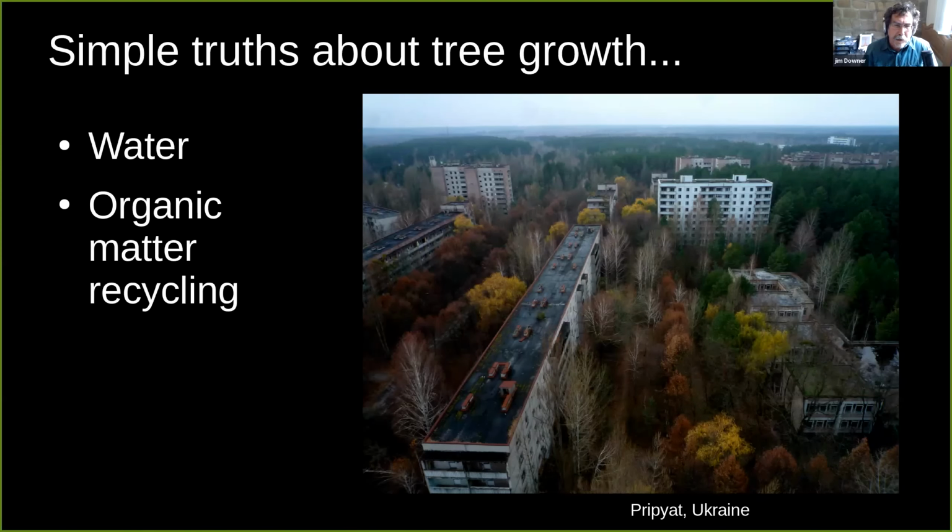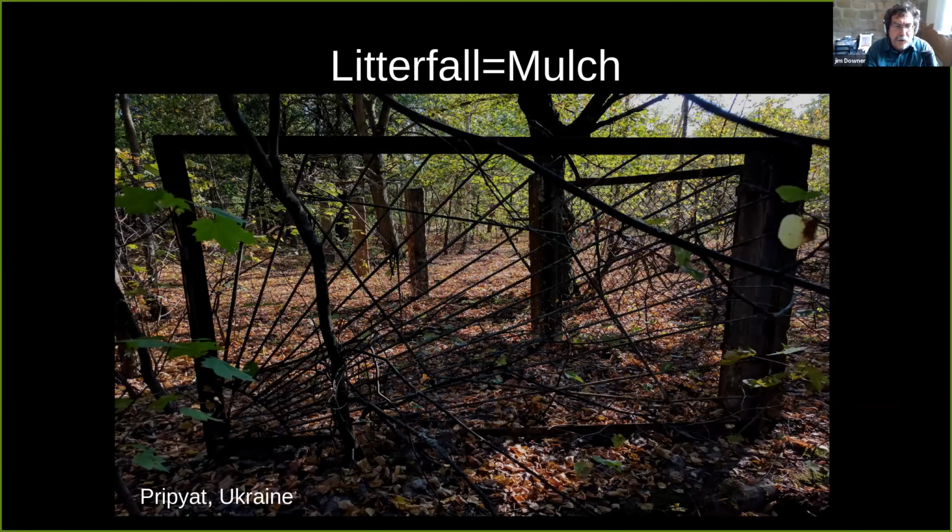So in the sense of Pripyat and Ukraine and Chernobyl, litterfall, that is the stuff that falls from trees, is mulch. And it is essential actually to the survival of these trees. The nutrients that are contained in the leaves that fall and the branches and actually whole trees is recycled into the trees that are growing off of it.